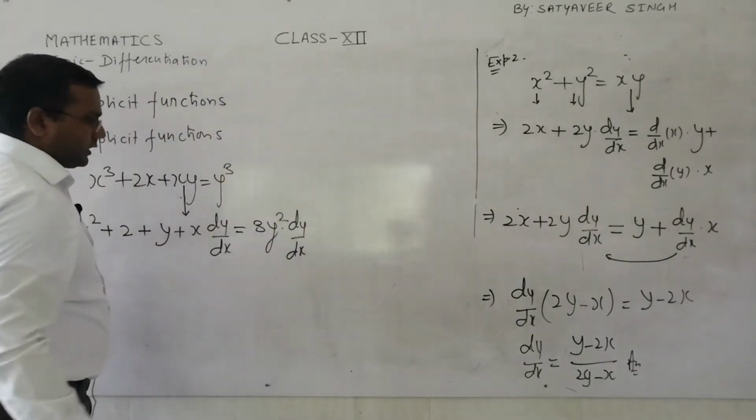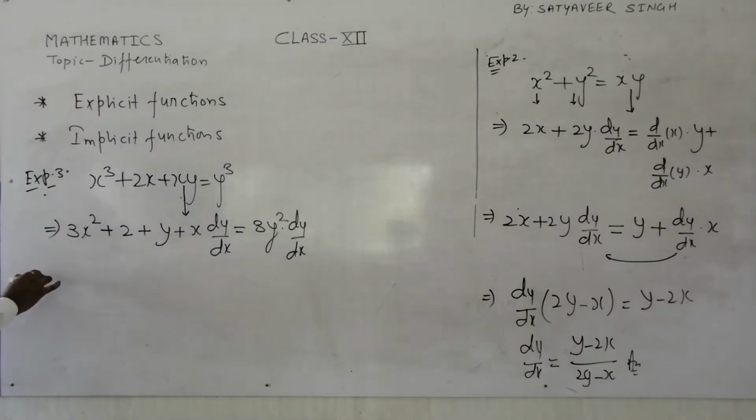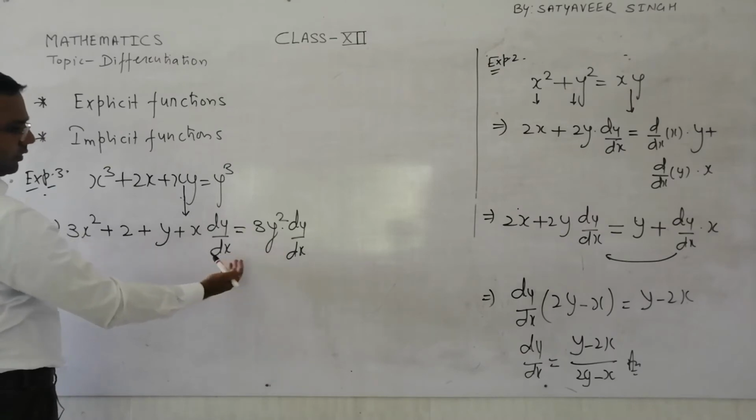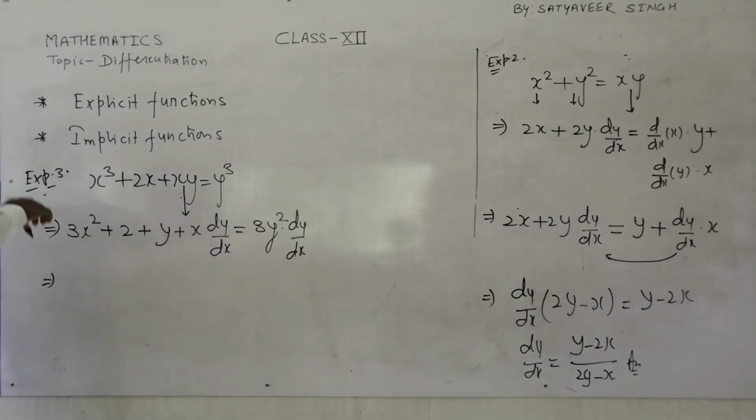See, if you look at this again, what we can do, we will definitely have to do the transposition, because dy upon dx terms would be on the left hand side or maybe on the right hand side, and remaining terms on the other side.